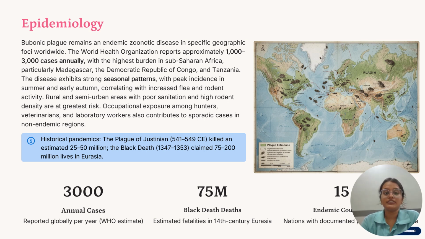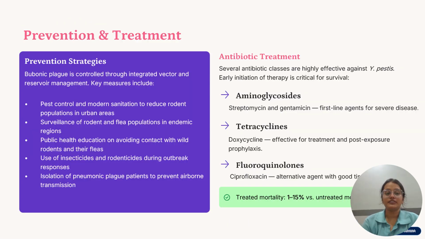Historical pandemics: the plague of Justinian killed 20 to 50 million and the Black Death claimed 75 to 200 million lives in Eurasia. Roughly 3,000 annual cases according to the WHO.